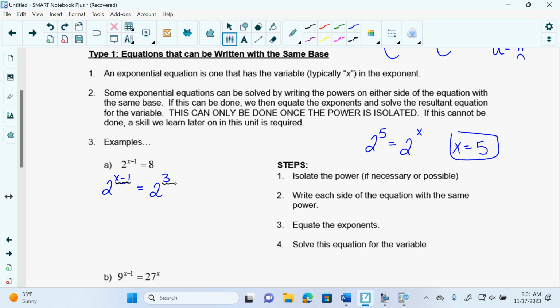Is that true? Yeah. If they're the same exponent, then this is a true equation, right? So my next step after I make the same base is I can just set the exponents equal and solve. If 2 to the something equals 2 to the something, then I can just set those somethings equal. Add my 1 over, and x equals 4.